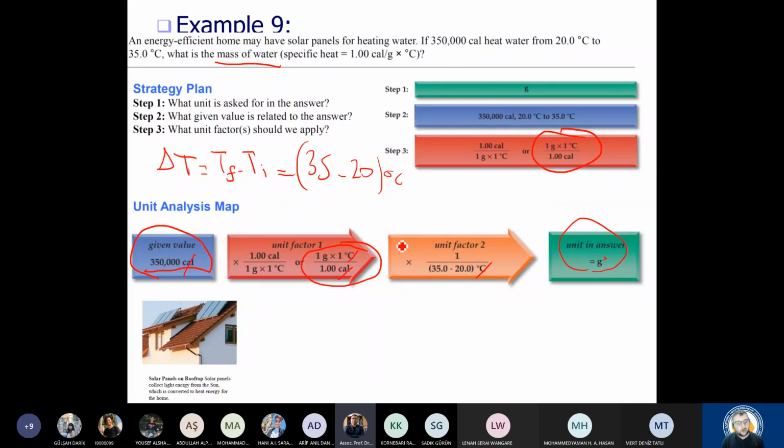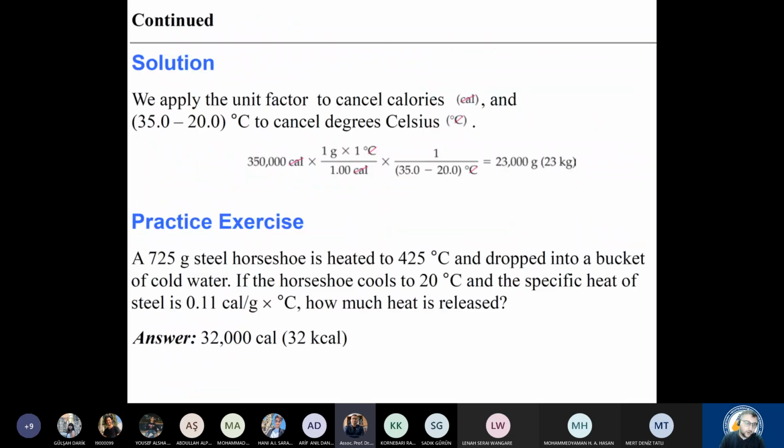So if you know the unit conversion, and if you use what they give you, you can calculate whatever you want without known equations. When you multiply them, calories are cancelled, Celsius are cancelled, and you find that the mass of the water is 23,000 gram, which is equal to 23 kilogram.